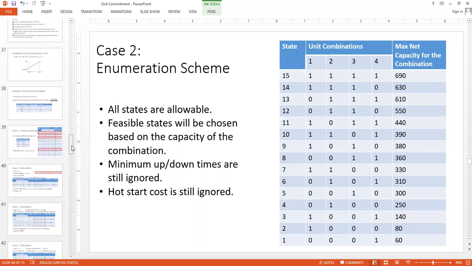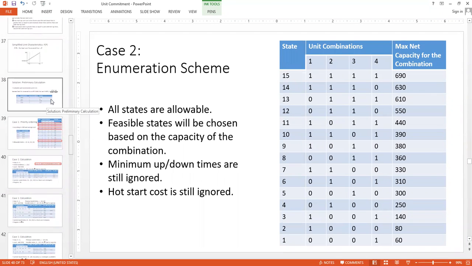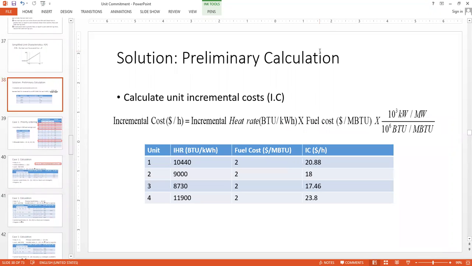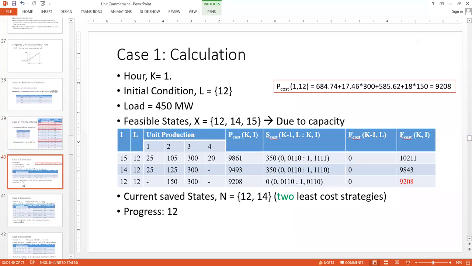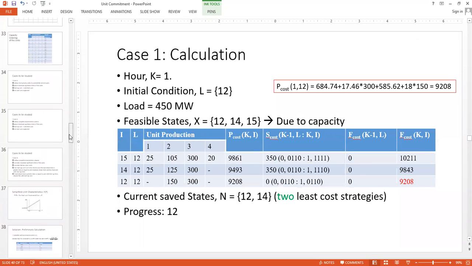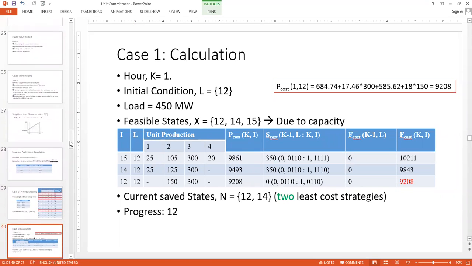The preliminary calculation shown in slide number 38 still applies. The priority ordering shown in slide 39 doesn't apply anymore. This is the starting of case number 1, so we are not going to take this anymore.